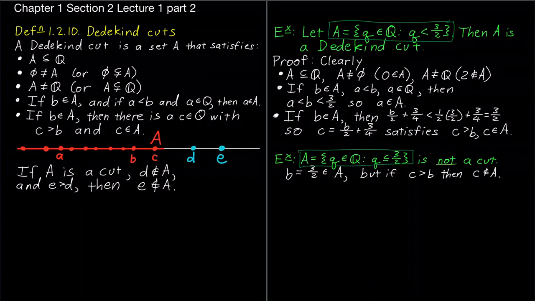I suppose I do have to specify that D is a rational number for this to work. If E was in A, then we'd be able to fill in down like this, and we'd pick up D, and we aren't allowed to do that.